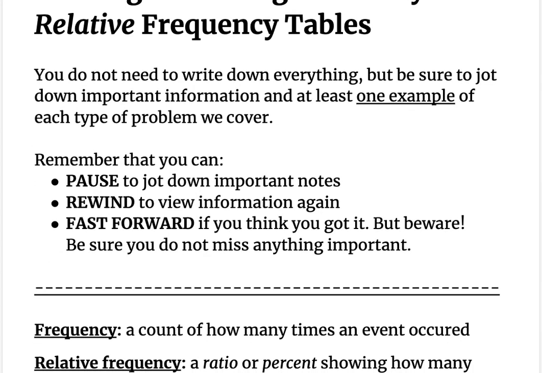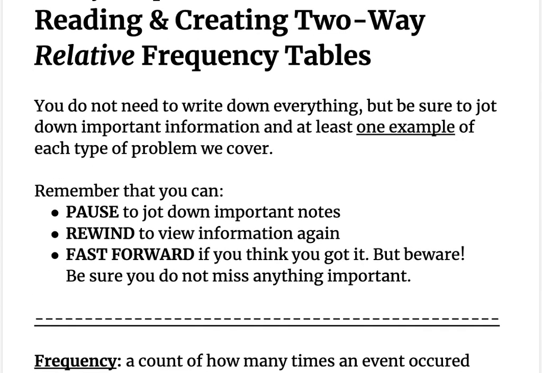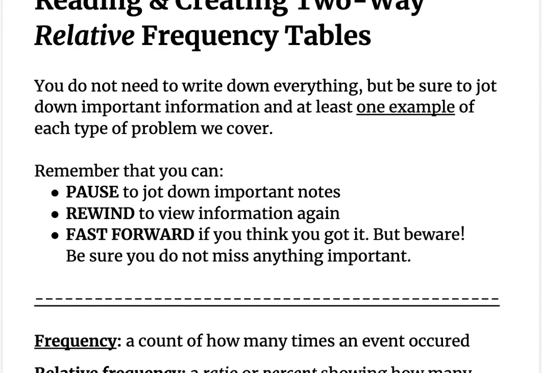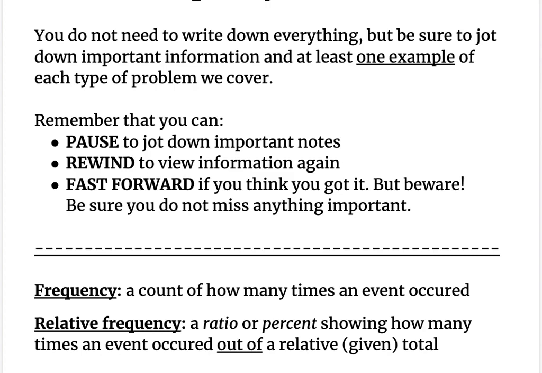All right, so last time we talked about two-way frequency tables. Frequency was a count of how many times an event occurred. So this time we're talking about relative frequency. Relative frequency is a ratio or a percent showing us how many times an event occurred.